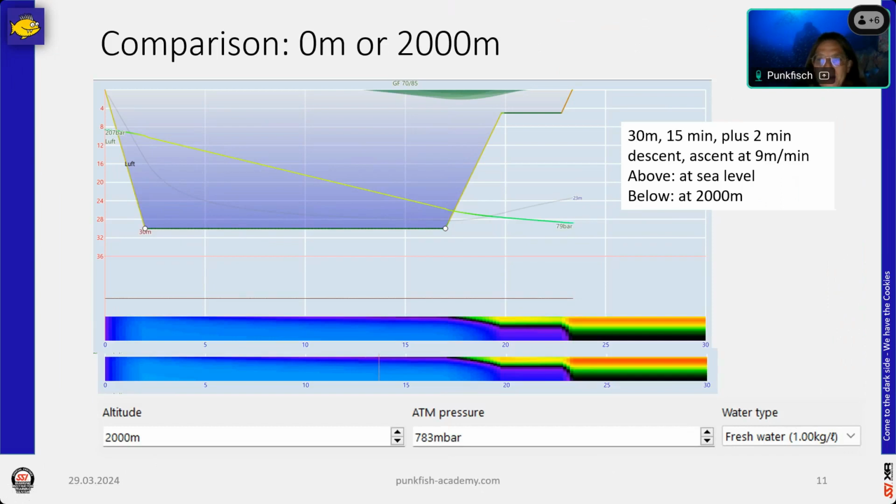One that I like to use is Subsurface. It's free software, so you can just download it and enter your dive data, and it will spit out a proper plan. The advantage of this is that you don't have to assume that you stay the whole dive at one depth.